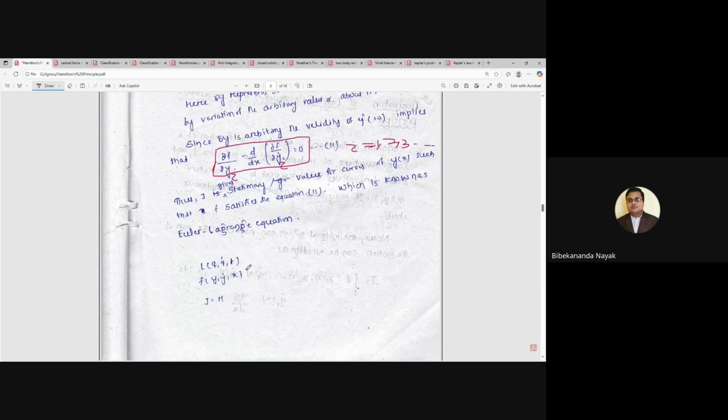Now replace f by L, y by q, y dot by q dot, x by t. That means y dot, which was dy by dx, now becomes dq by dt.